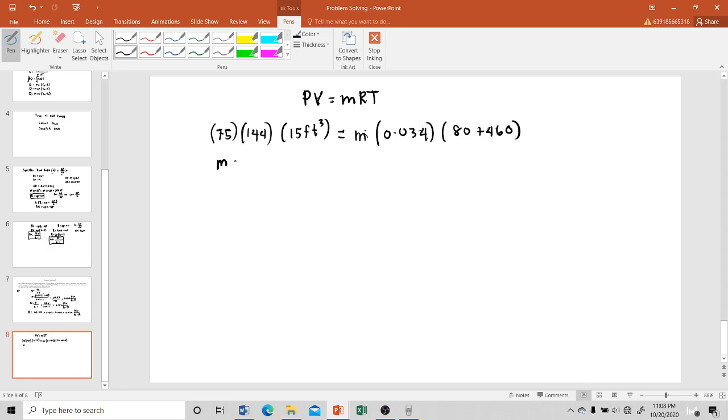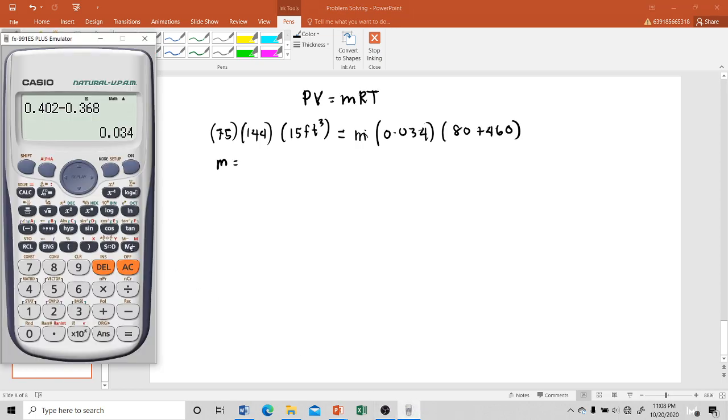So mass is equal to 75 times 144 times 15, over 0.034 times the temperature, 80 plus 460. Shift solve, we have the mass.